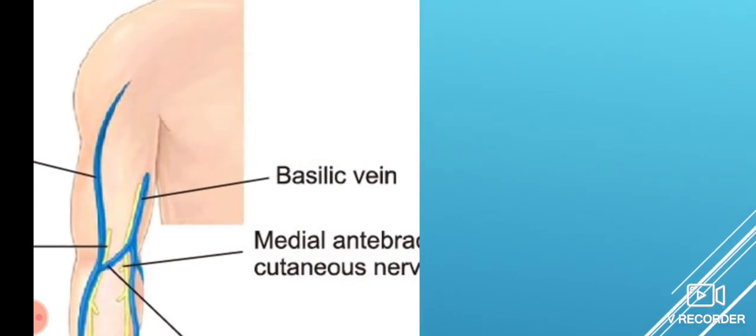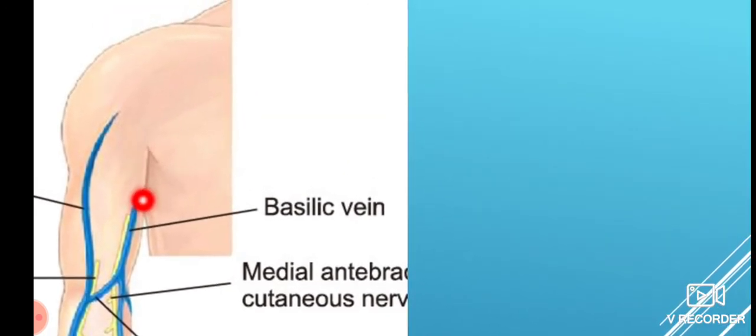After piercing, this vein passes deep into the axilla and continues as the axillary vein. So the axillary vein is the continuation of the basilic vein. To this axillary vein, the cephalic vein joins.